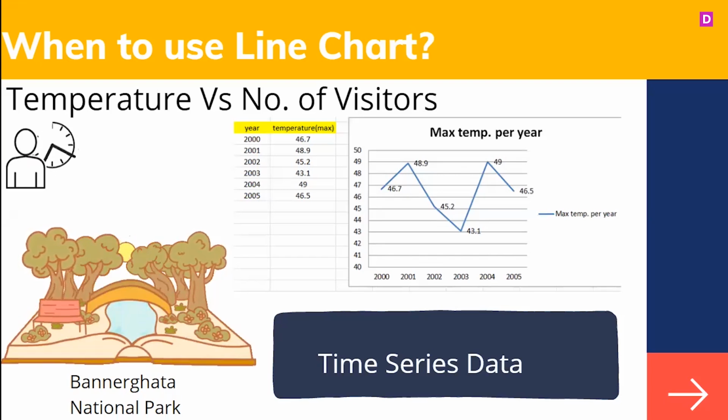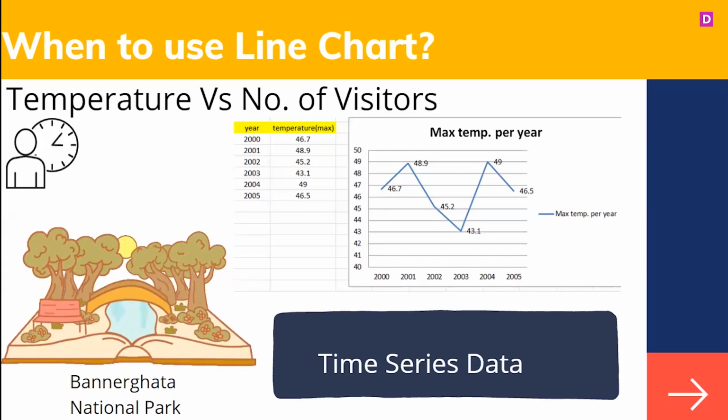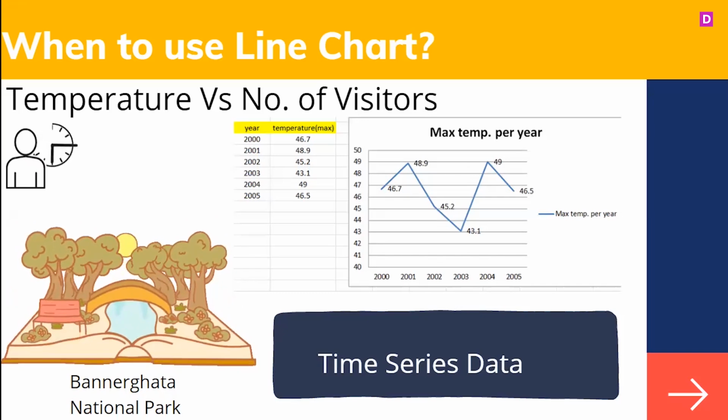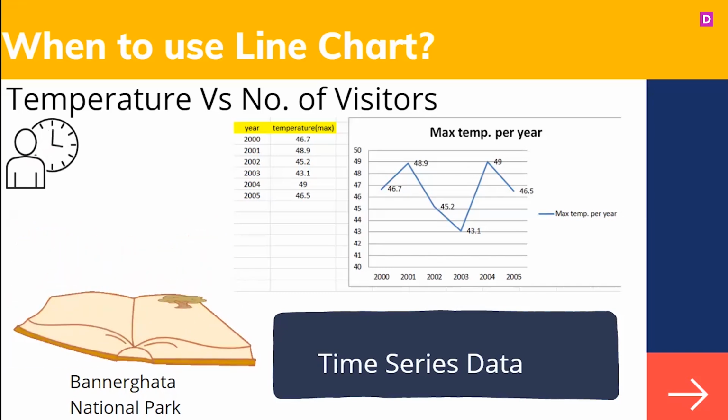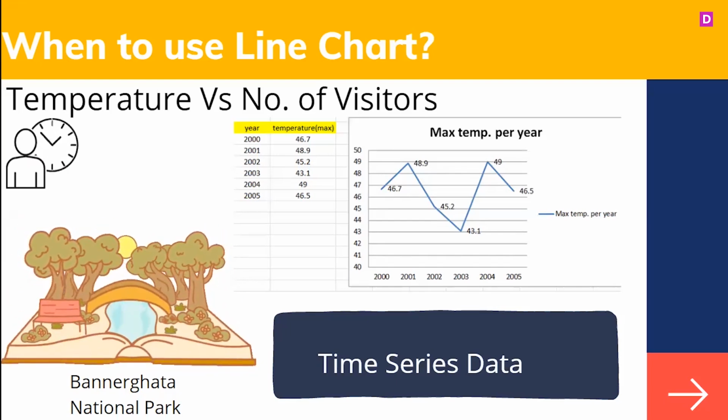In this particular type of graph, we are going to take the measure on one axis and the dimension on the other axis. The data that I'm going to take, most of the time, is going to be continuous in nature, and there could be discrete data also.